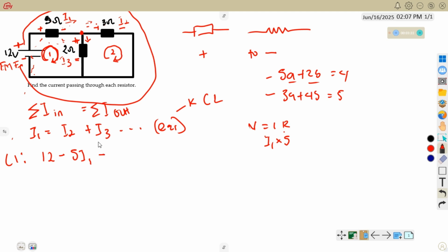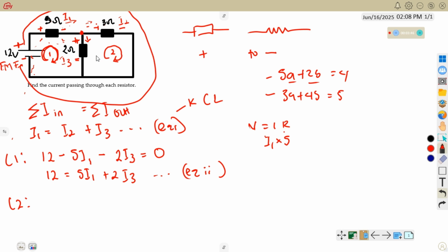So we have minus 2 I3, and everything is equal to 0. Let's rewrite this: 12 is equal to 5 I1 plus 2 I3, and this is our equation 2. Now we're going to do the same thing for loop 2.